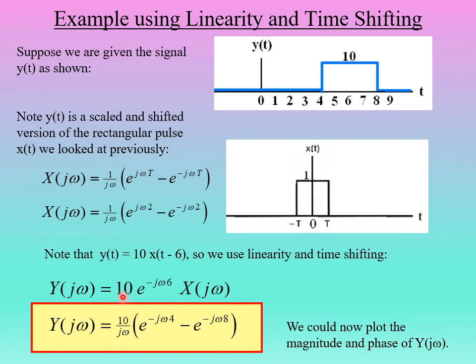So when we multiply 10 times e to the minus j omega 6 times all of this here, we end up with this form right here. And by itself, it's hard to really tell what that looks like. So we could go ahead and plot the magnitude and phase of this, but I did not do that in this problem. I'm just going to leave it in this form shown here.